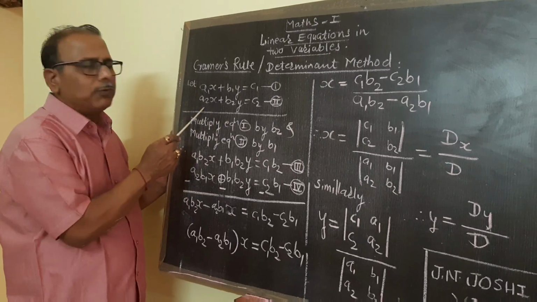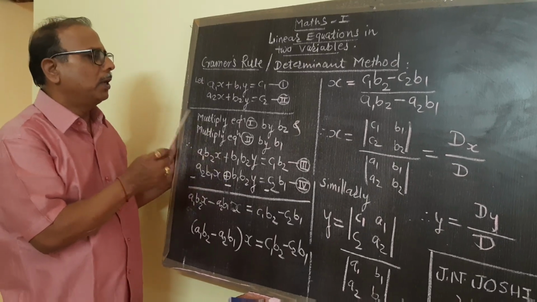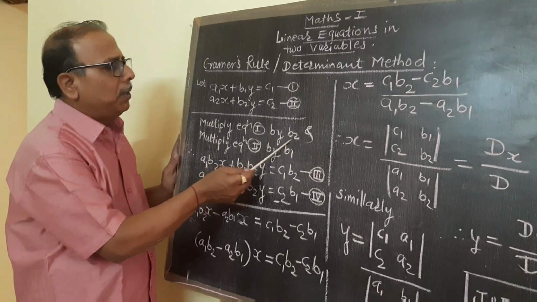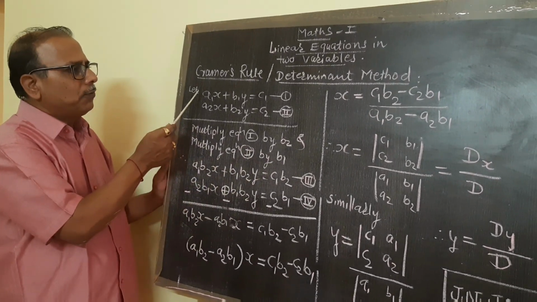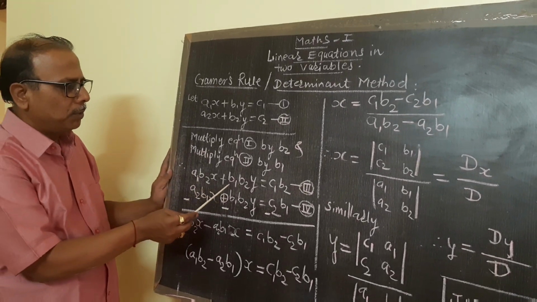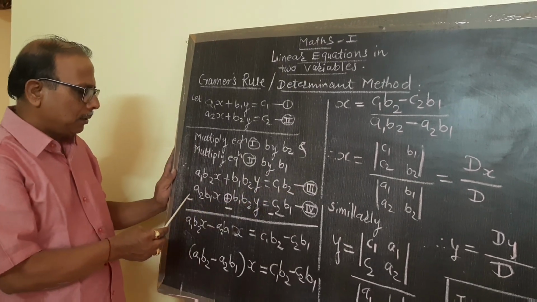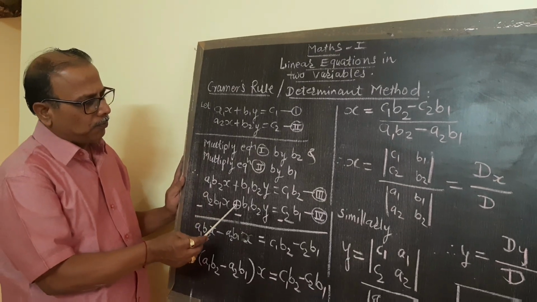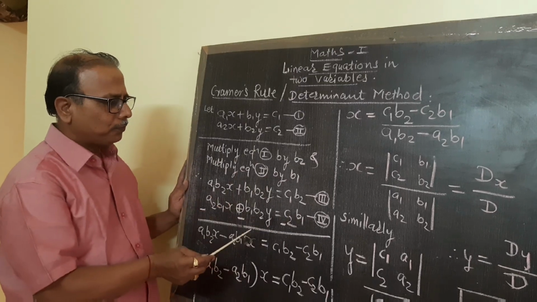Now to solve these equations by the elimination method of one variable, we have to multiply the first equation by b2 and the second equation by b1. So these equations will be: a1 b2 x plus b1 b2 y is equal to c1 b2, and the second equation will be a2 b1 x plus b1 b2 y is equal to c2 b1.